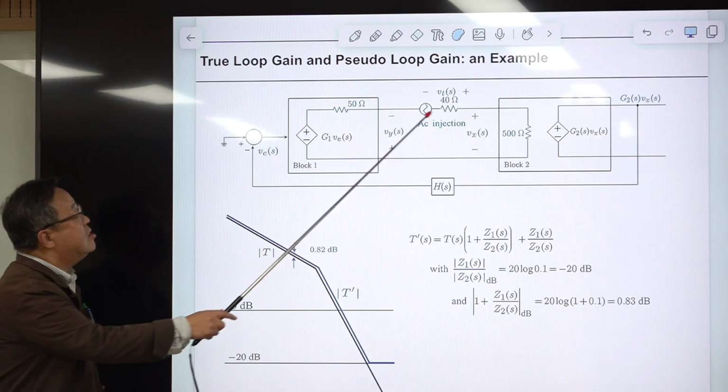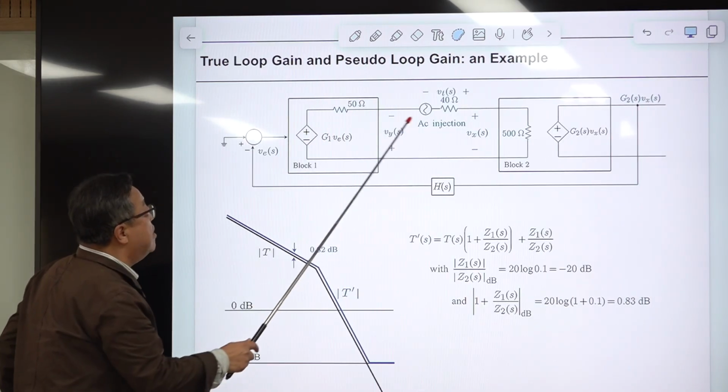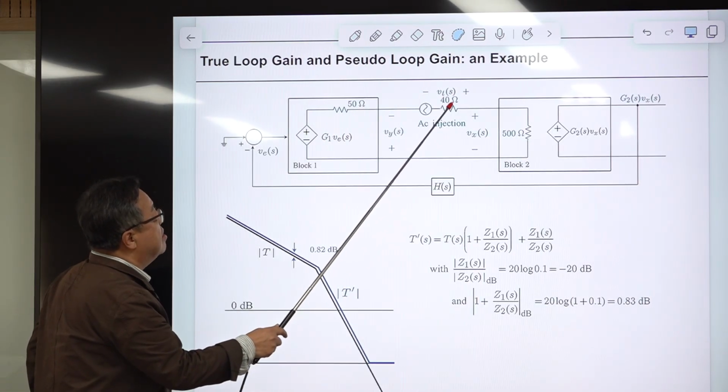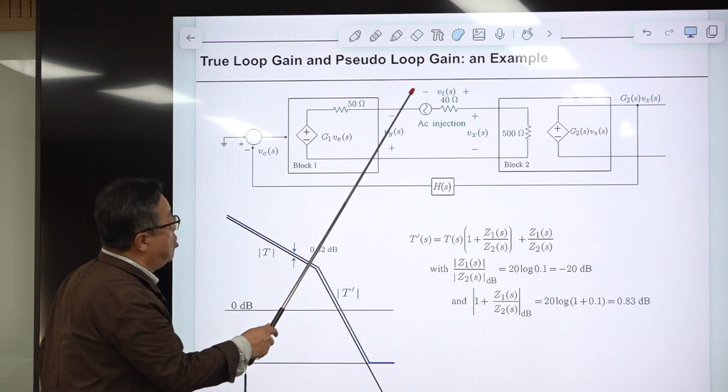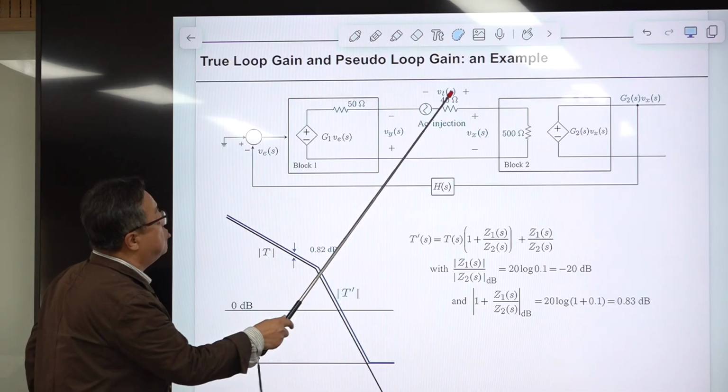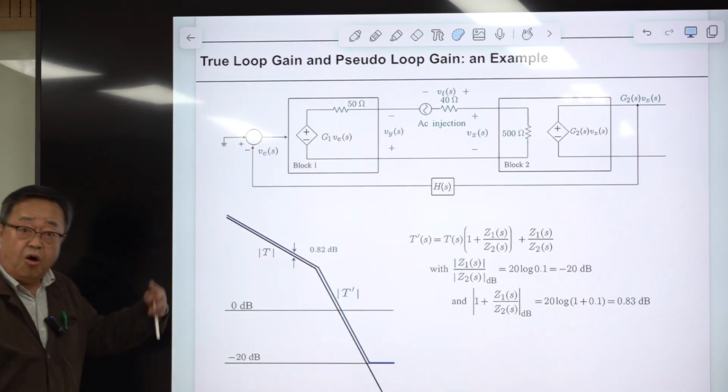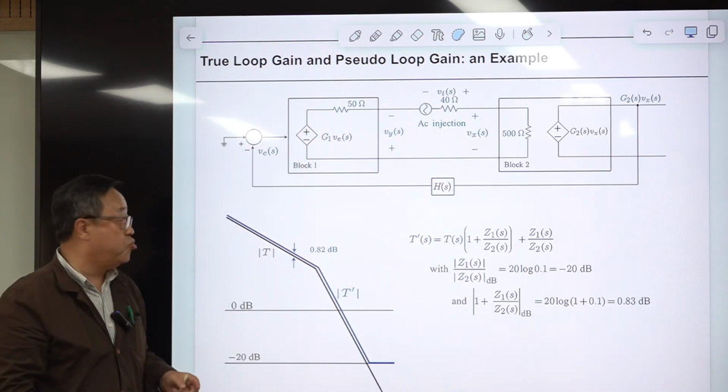And we are measuring this pseudo loop gain, all right? And this RS is the source resistance of this AC injection circuit, which is 40 ohm, but this one is totally independent of our assessment of this pseudo loop gain.